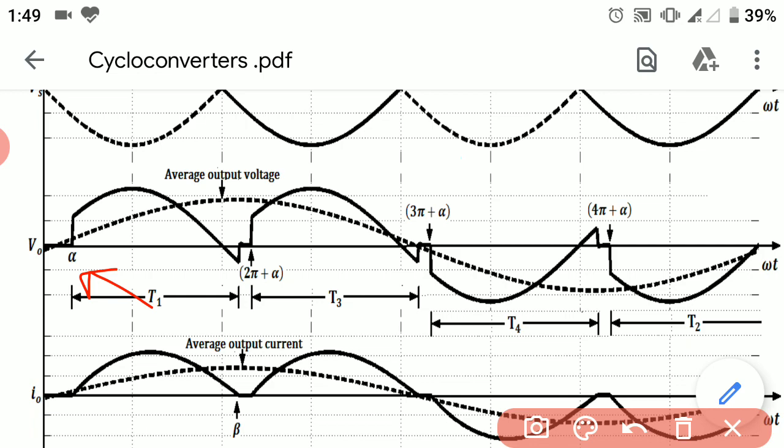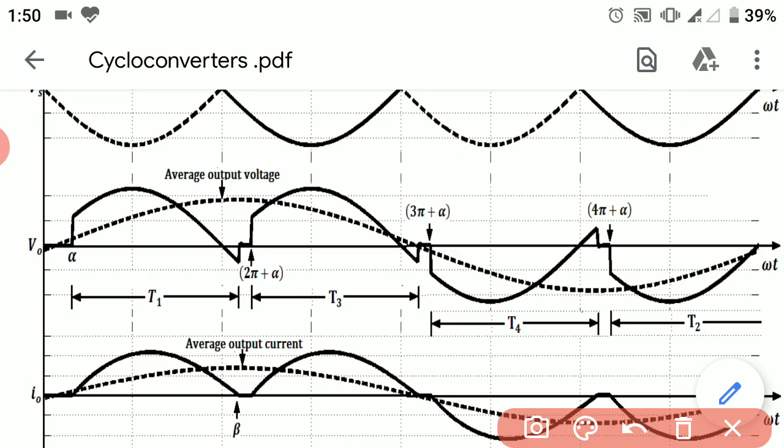Now this thyristor T1 has to get turned off at omega t equals pi. But due to commutation delay, it may not get turned off at omega t equal to pi. So there is a delay in its turn off.